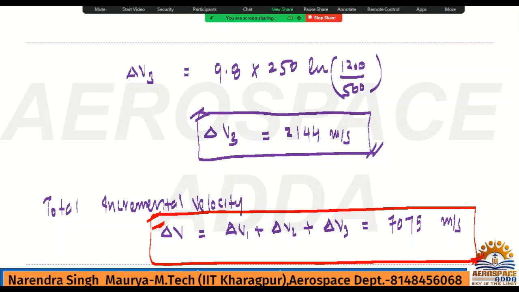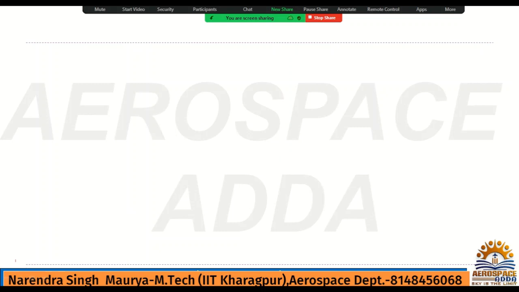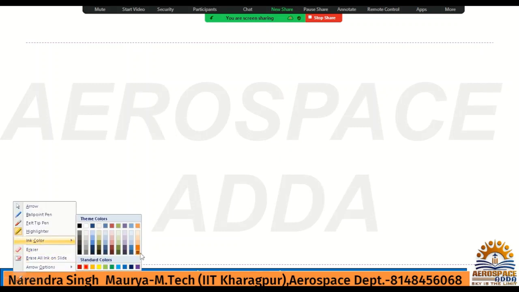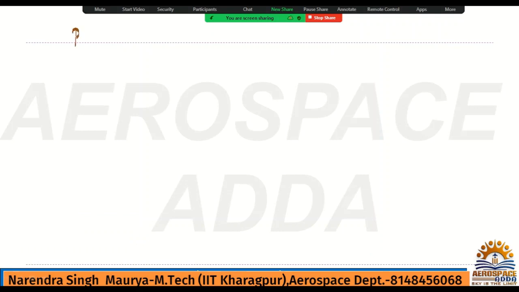So one more problem needs to be solved, and it will be for the parallel multi-staging rocket system. So problem 2, parallel multi-staging rocket.